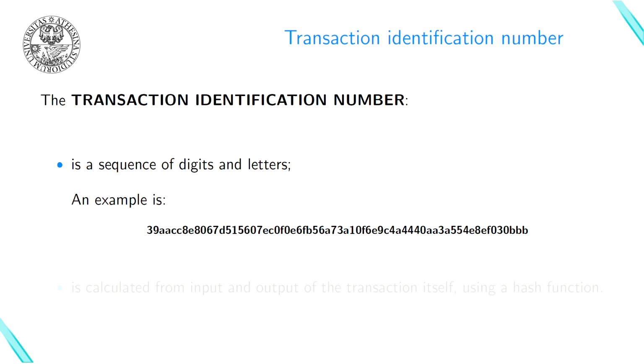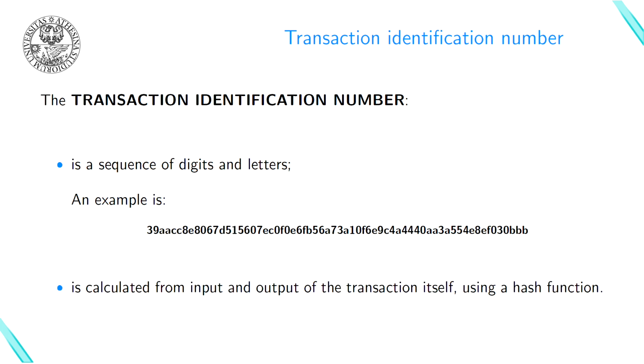This number is a sequence of digits and letters, and it's the identifier of the transaction. Here you can see an example. This example looks random, but actually it follows a Bitcoin standard, and it is calculated from the input and output of the transaction itself using a hash function.